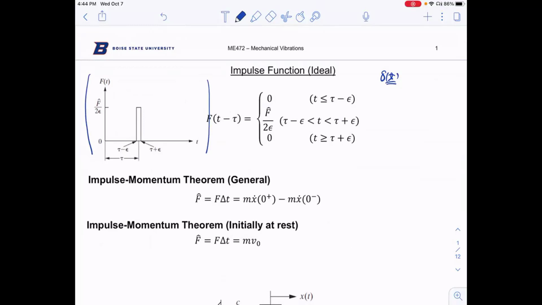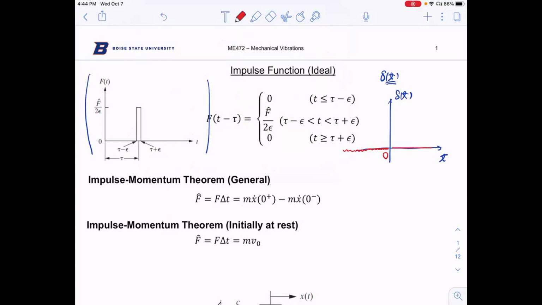So this function is very special. It is a time function, delta t. This function is all 0 when time is smaller than 0, and it is also 0 when the time is positive.